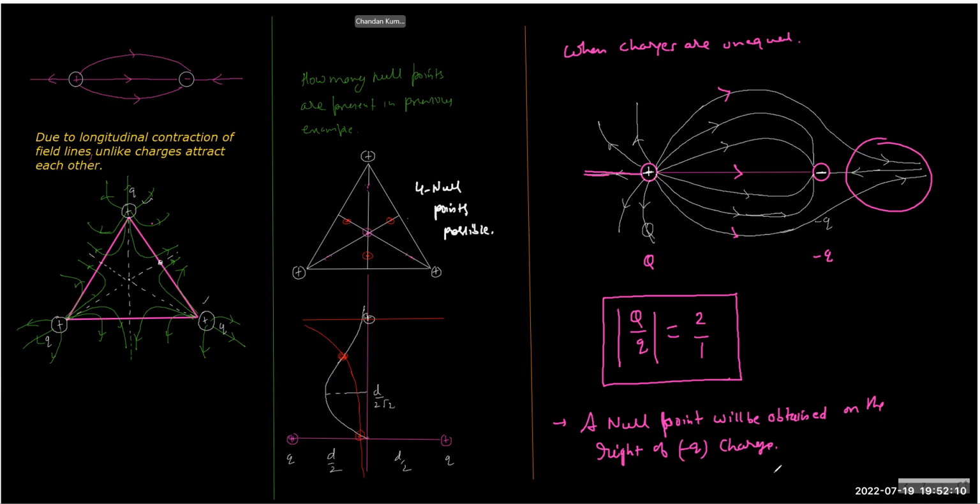So these are not accurate diagrams. So we have seen unequal charges as well. Now the next concept is really important, and that is called conductors.